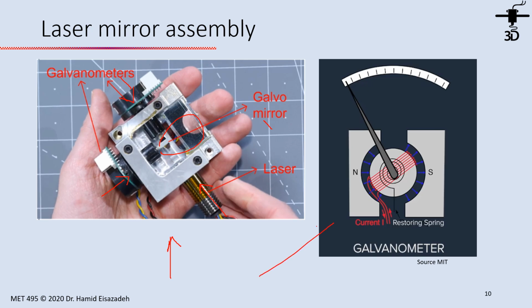If you look at the galvanometer part, you see there are two electromagnetic actuators, and they can move very fast. They can move quickly, and they stop precisely, and this gives a laser scan very fast.